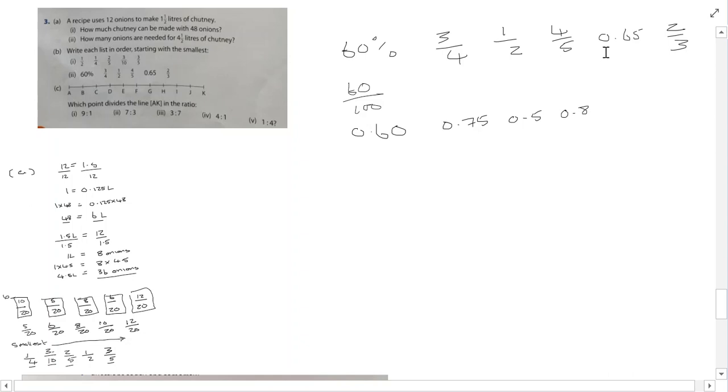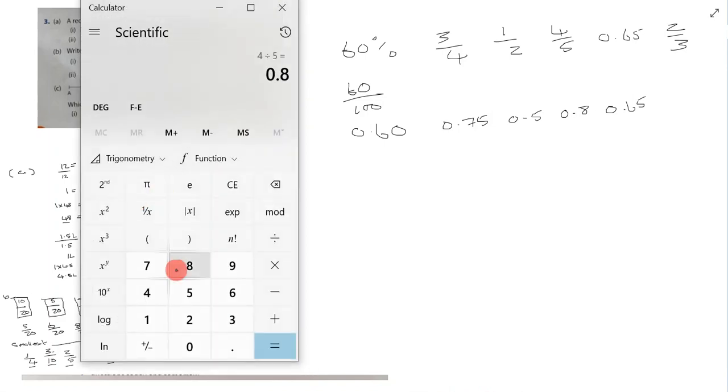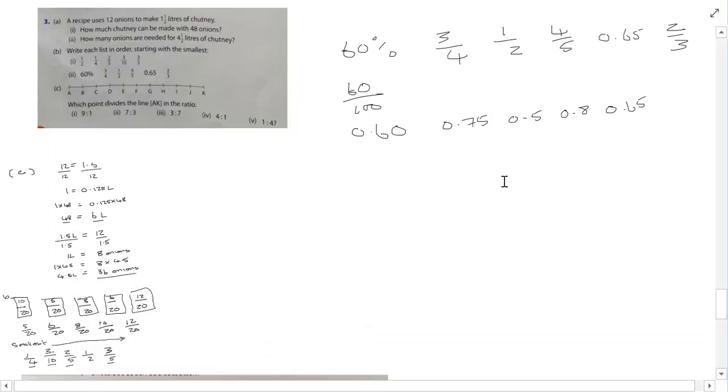And then we have 0.65. And then we have 2 divided by 3, which is equal to 0.67 when we round it. Now what we can do is compare these to each other, so we just box them in so that they're separated.